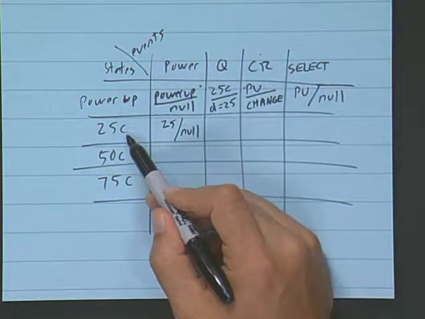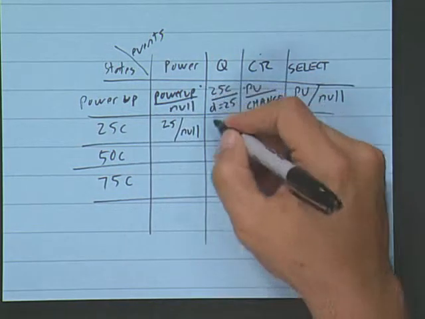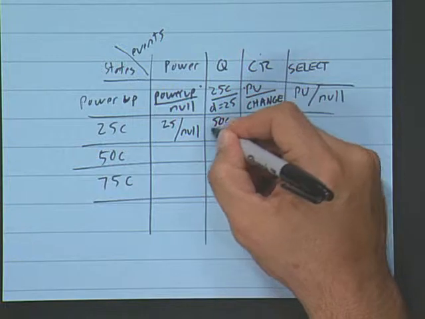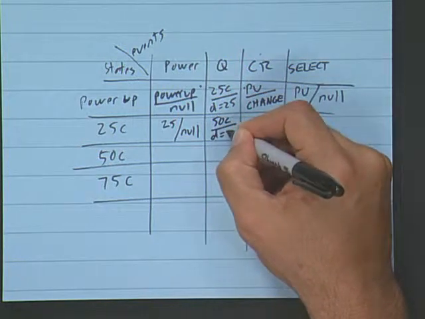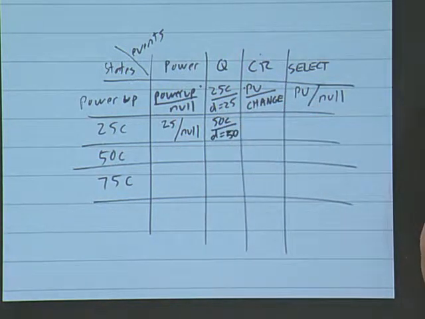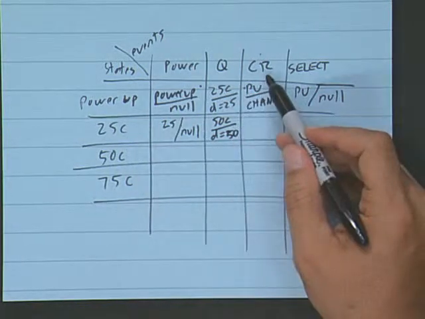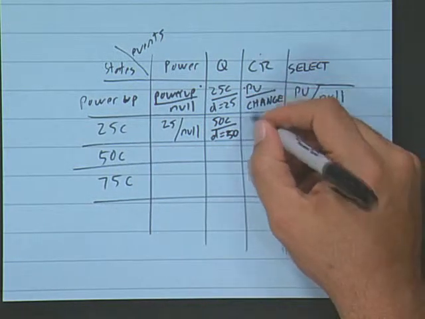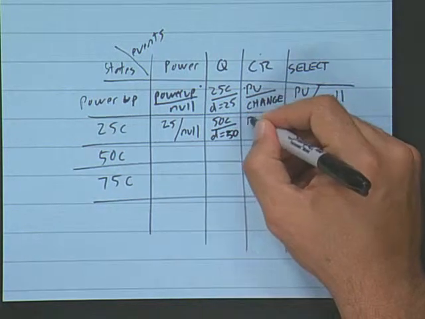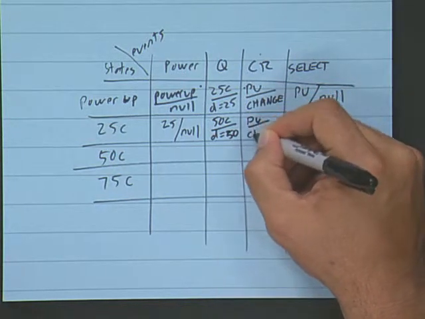What if I'm in the 25-cent state and I get a quarter? I'm going to go to the 50-cent state and I'm going to display 50 cents. What if I'm in the 25-cent state and I get a change return? What happens here? I'm going to go to the power up state and do change, right?